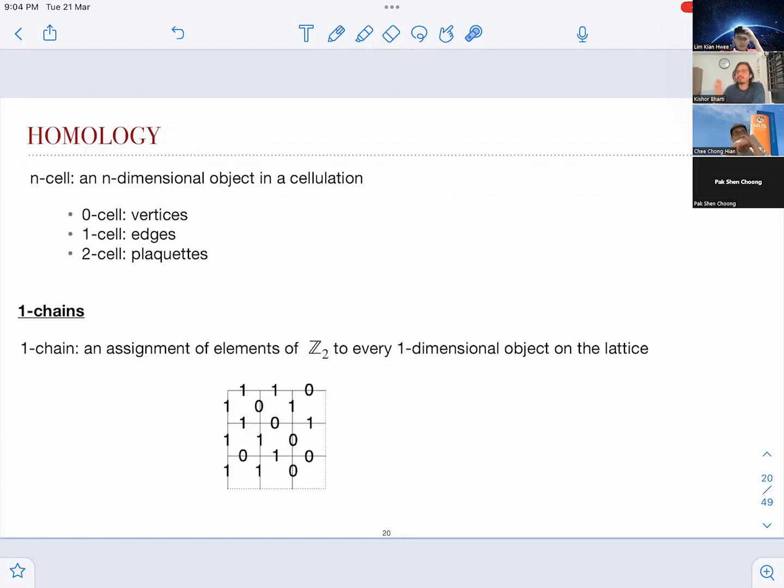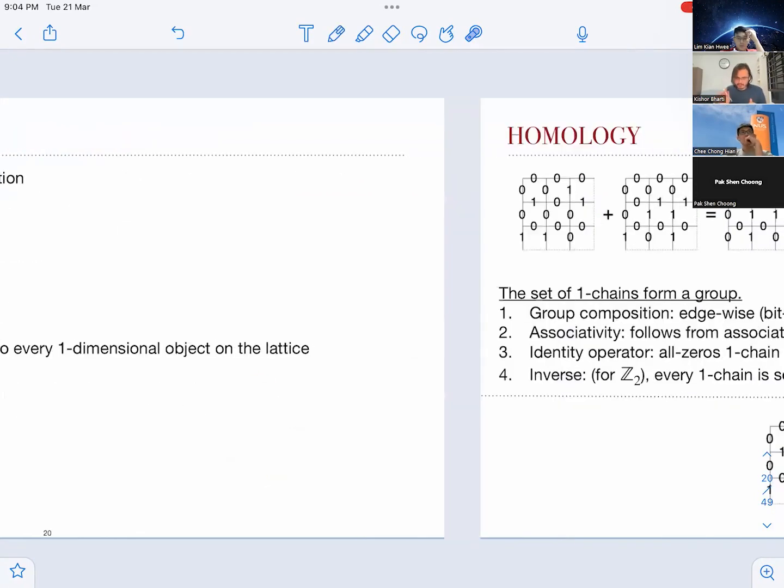You could assign 1 and 0 in different ways. What 1 means is that I include that edge, and when I assign 0, I do not include that edge. A chain is nothing but an assignment of 1 and 0 to the different edges that I have. This is an example of a one chain.